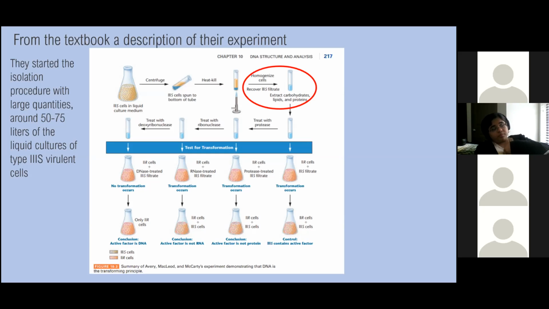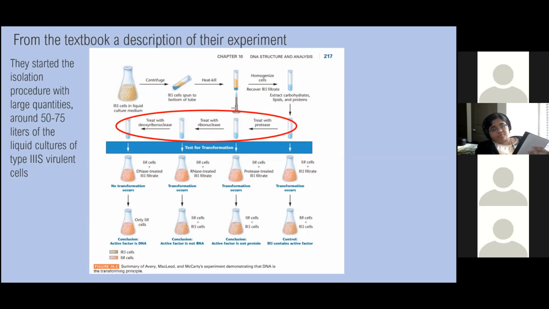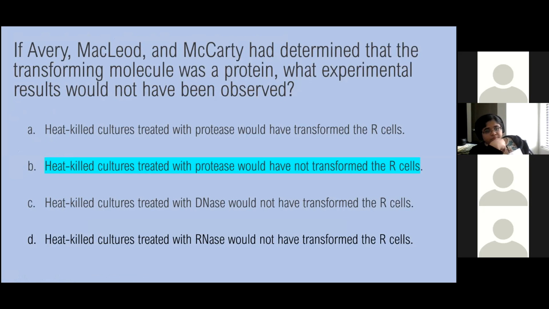Through this, they were able to obtain a soluble filtrate that retained the ability to induce transformation of the type 2R avirulent cells. They then treated it with protease, ribonuclease, and deoxyribonuclease in order to eliminate any probable contaminants from the final product. And through this, they were able to find that DNA was the active factor in transformation.